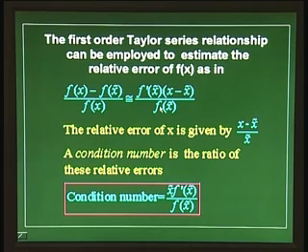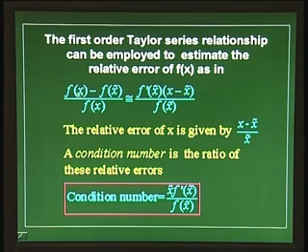What we have done here: we saw a few minutes back that f of x can be expanded around x tilde, and f of x equals f of x tilde plus the derivative of f at x tilde into x minus x tilde.